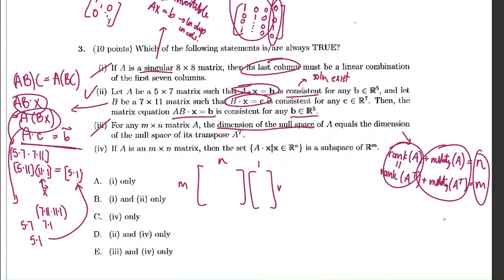X is going to be an n by 1 matrix, and that's m by n times n by 1. Just to be clear, I know it looks like a multiplication sign, but I just mean the dimensions here. So this will give you an m by 1 matrix, or vector, I guess is a better way of putting it.